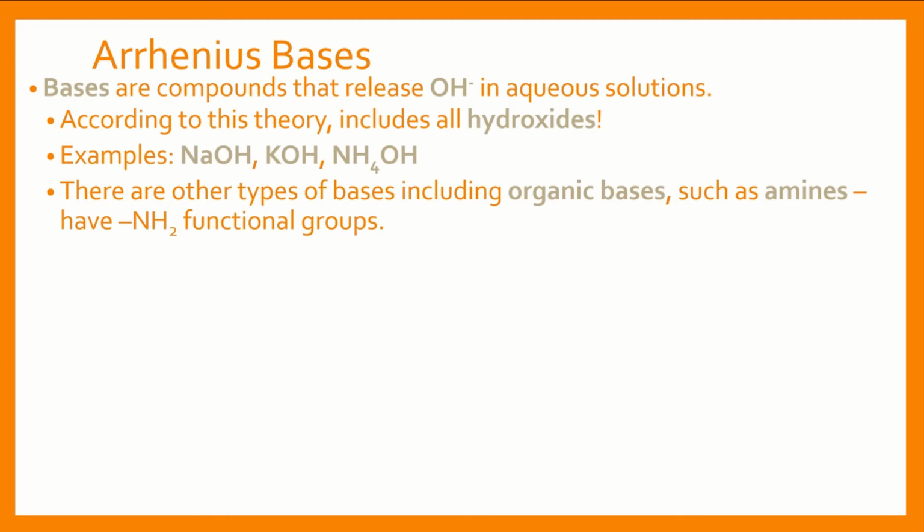But there are other types of bases as well. Just because it's not donating an OH negative doesn't mean it can't create OH negatives when it goes into water. All it needs to do is peel an H plus off of a water molecule, and you're left with a hydroxide ion.